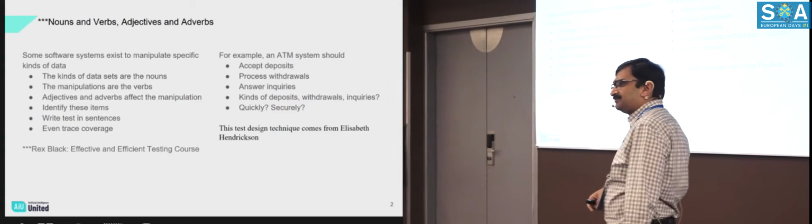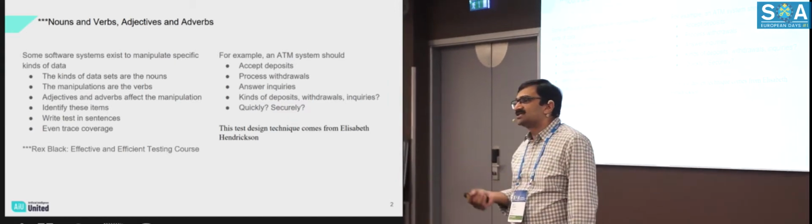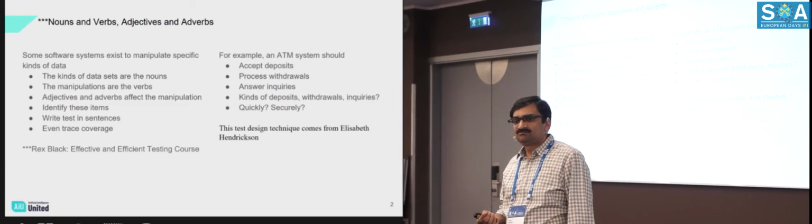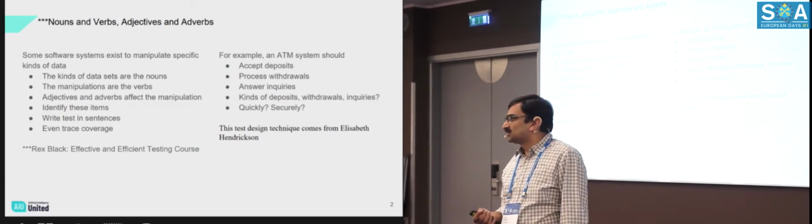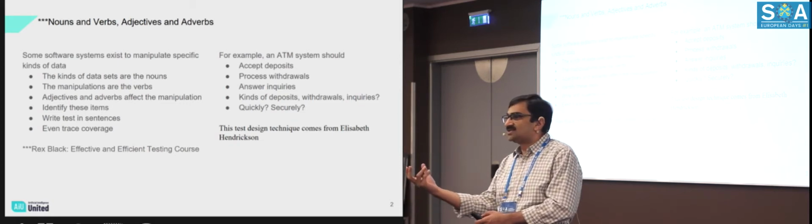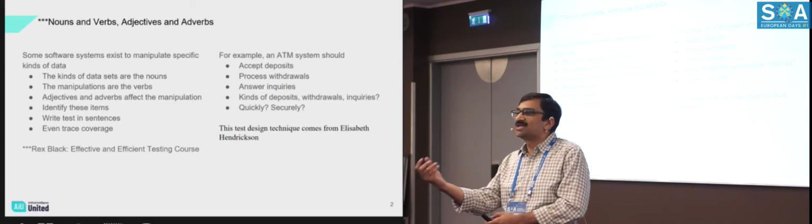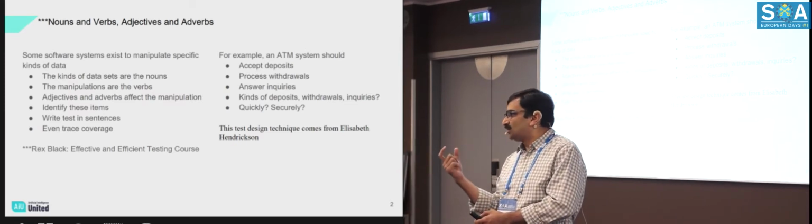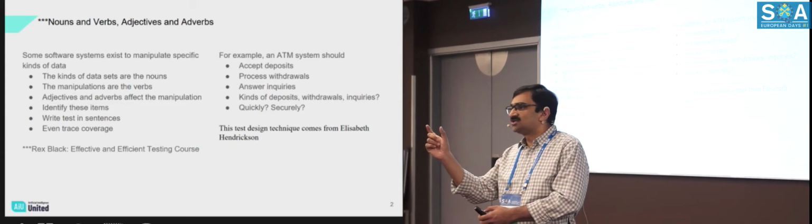Accept deposit. Now I have to write a test case on accept deposit. What do I do? If it's a test case, I say deposit needs to be tested. That's the noun. My system should accept deposits, so accept is the verb.